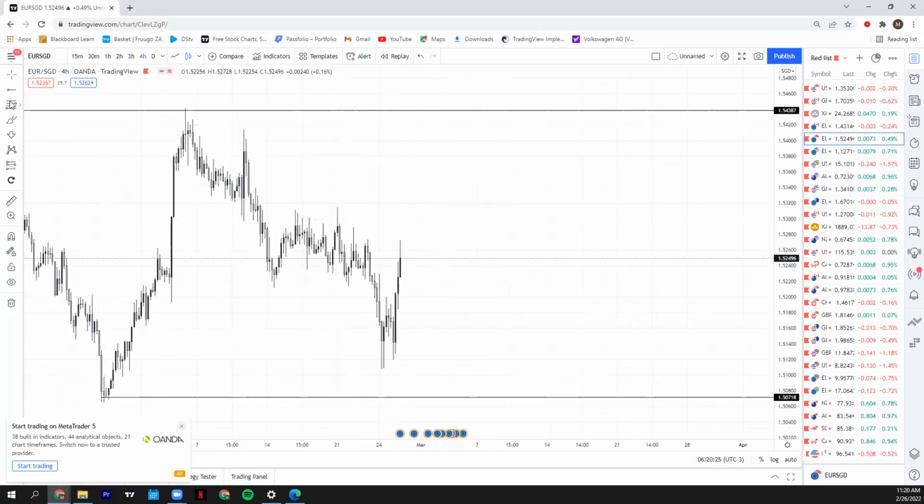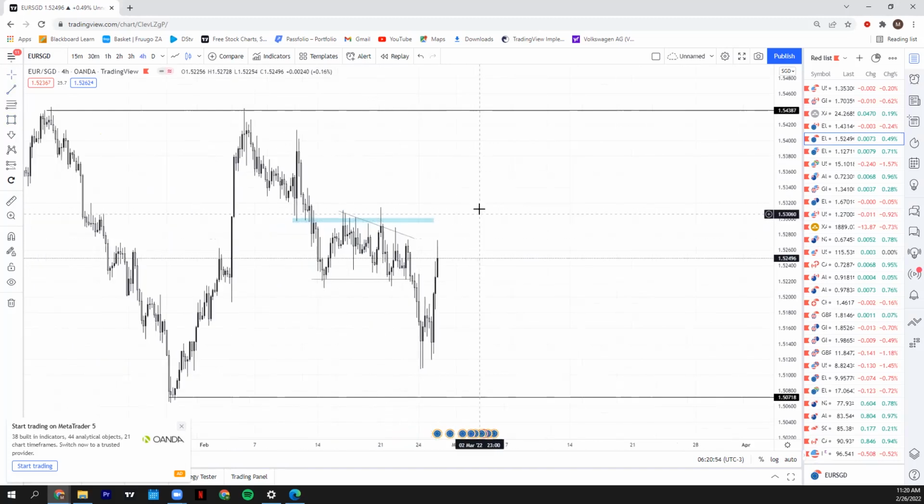So I caught this price when it was around these areas. So that was my support with the zone right here, and the resistance right there.